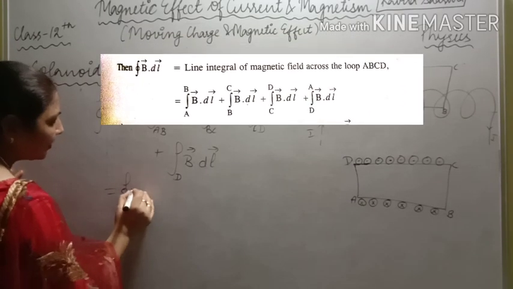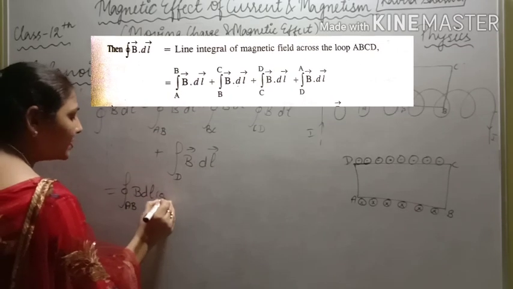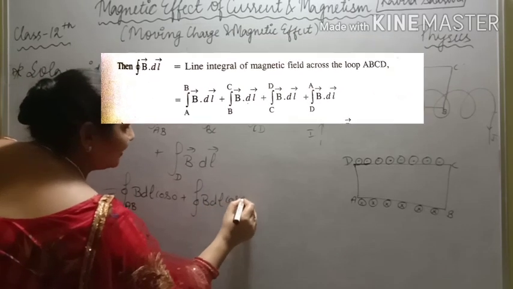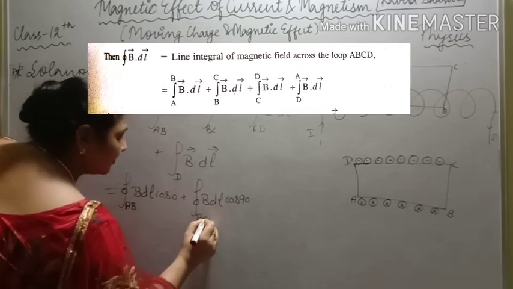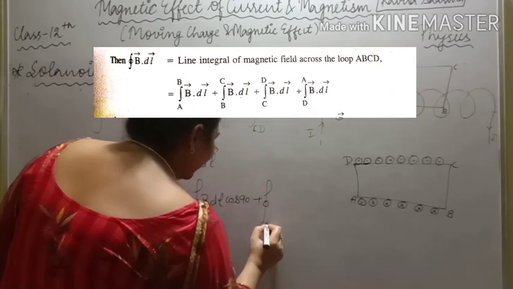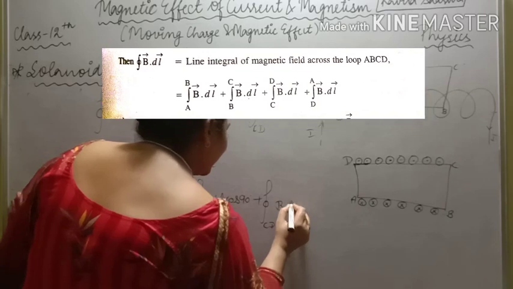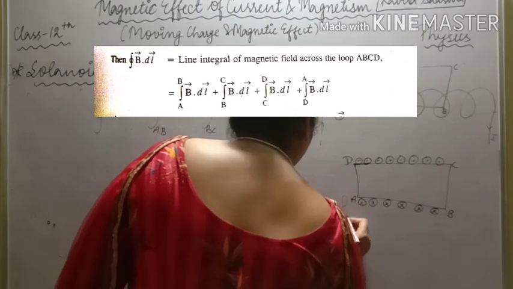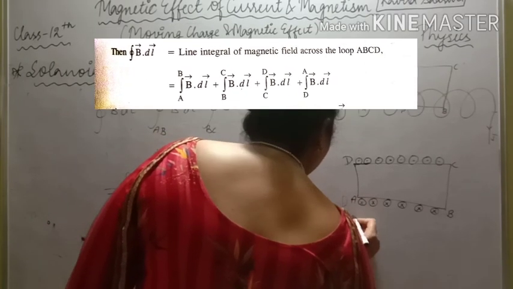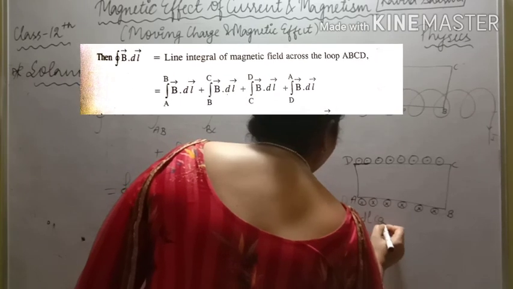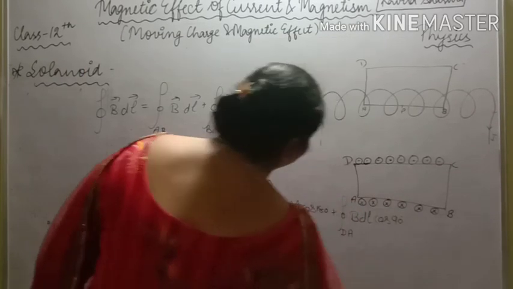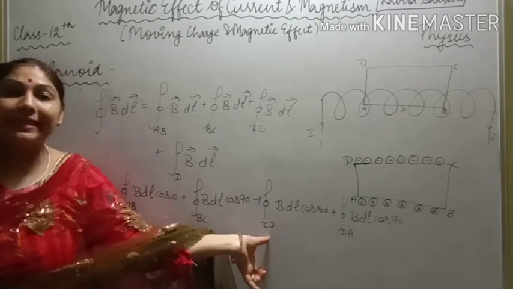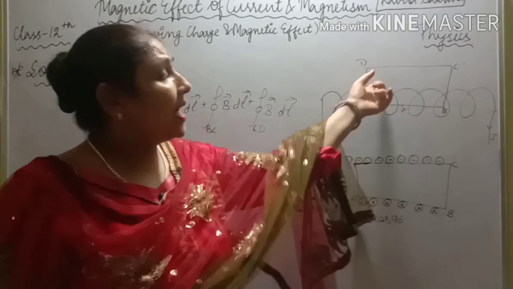So all these values we can write: line integral AB, B dl cos 0; B dl cos 90 along BC; then line integral CD, B dl cos 180 degrees; plus line integral DA, B dl cos 90 degrees, right? Cos 90 we know will be equal to 0, and this side CD is outside the solenoid.